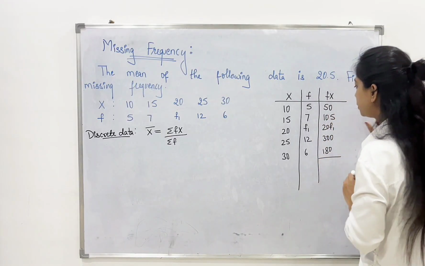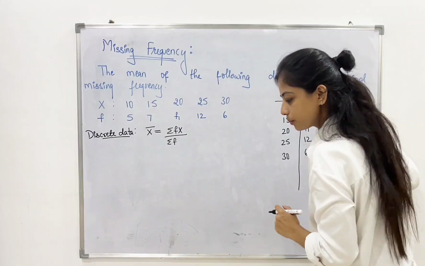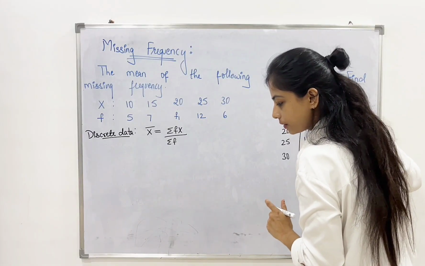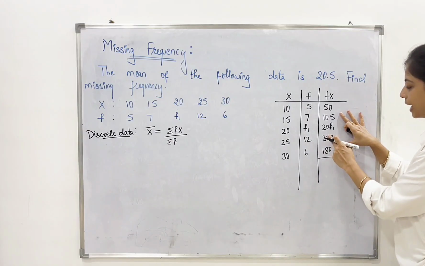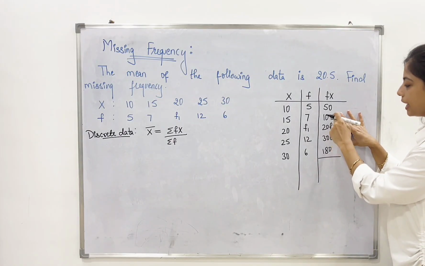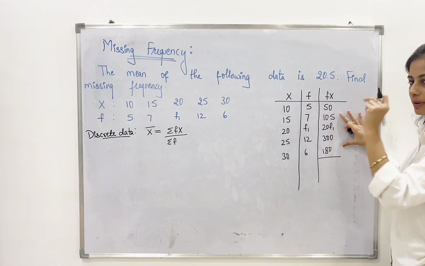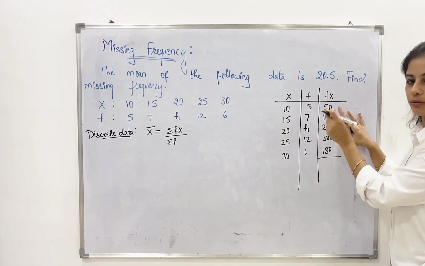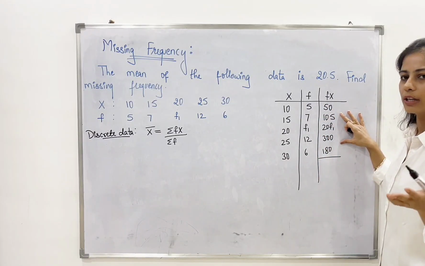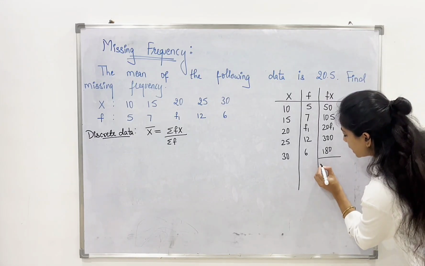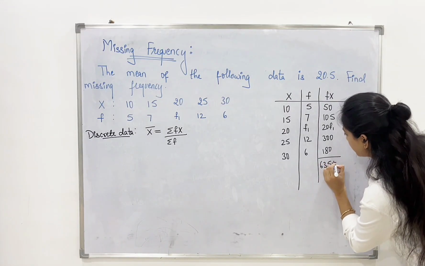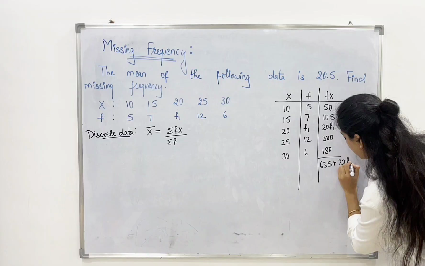Next, we need to take the total of summation Fx. In this case, we have a variable 20 F1 and we have numbers. The numbers will be added together and the variable taken separately because we cannot add the variable along with the numbers. So the total comes up to 635 plus 20 F1.